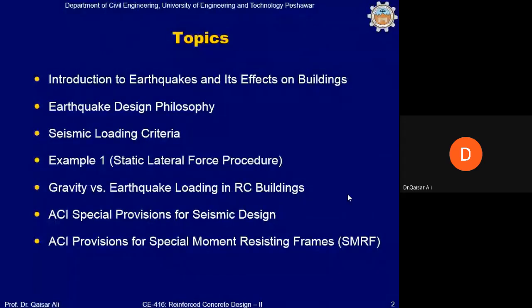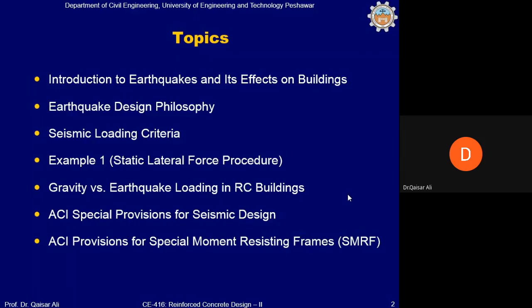Today's lecture consists of an introduction to earthquakes and its effects on buildings, and then earthquake design philosophy, seismic loading criteria, and there is one example on the static lateral force procedure, and a topic on gravity versus earthquake loading in reinforced concrete buildings.